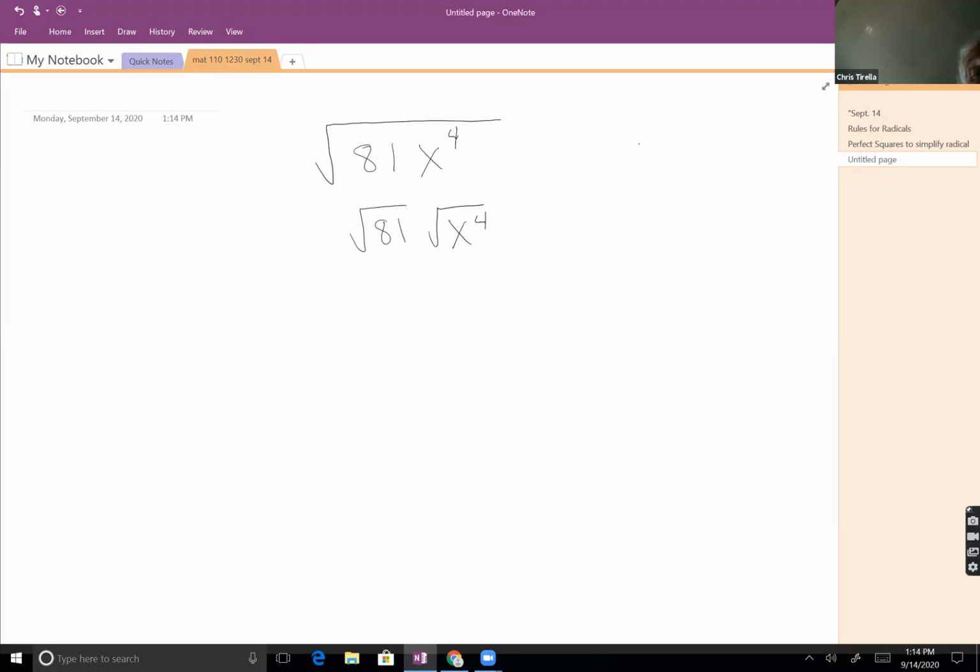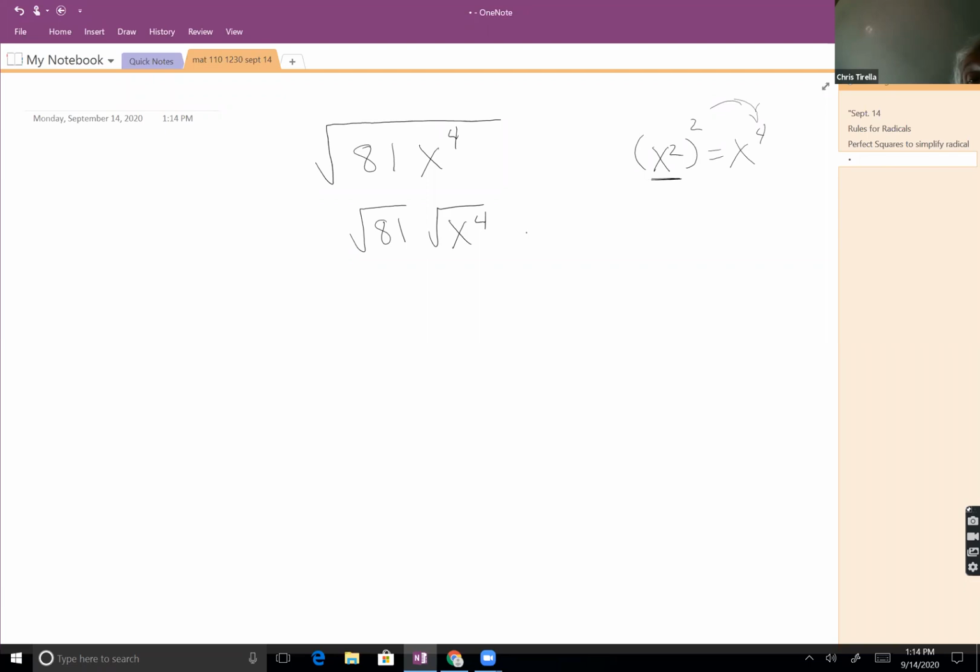And now to find the square root of x to the 4th, I'm wondering, what can I square to get x to the 4th? What can I multiply by itself to get x to the 4th? X squared. Wouldn't it be x squared? Because when I raise a power to a power, I multiply those exponents.